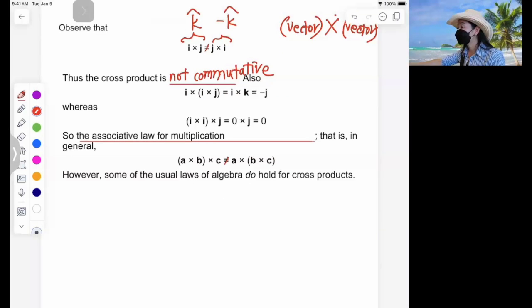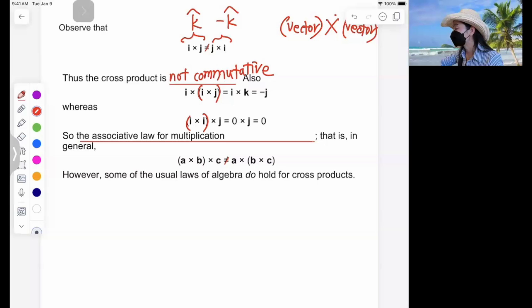What about this? Is it associative? Try this one. Here I cross J, and you put a parenthesis here, or you put a parenthesis here, right? These two look similar, but you associate these two first, or associate these two first.